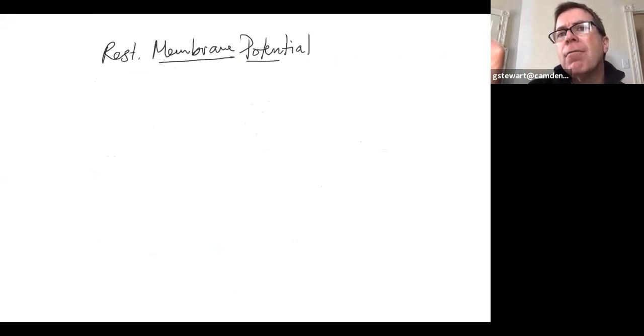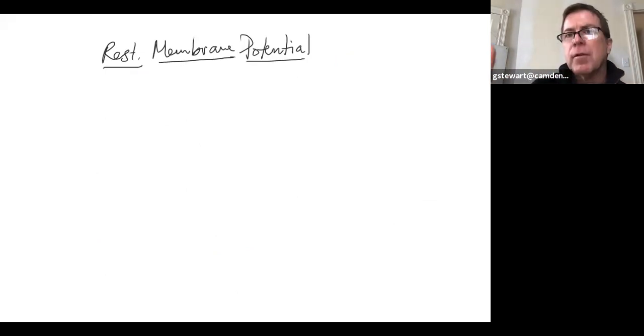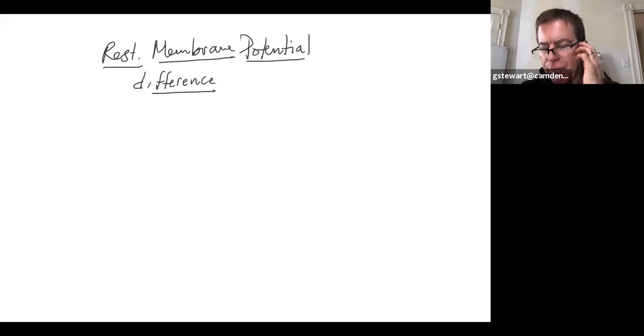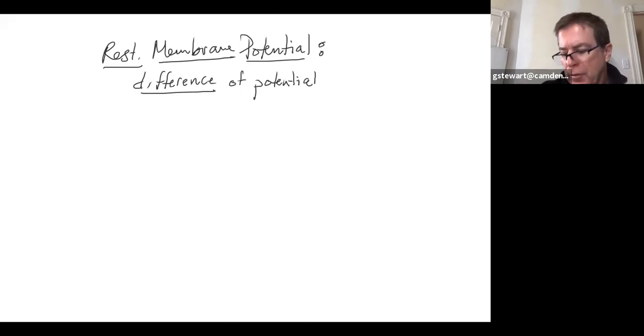Now you know what some of these words mean. When the cell is at rest, across the membrane of the cell, there's a separation of charge that gives it the potential to do work. So this refers to a difference, or describing what resting membrane potential is. It's a difference of potential.